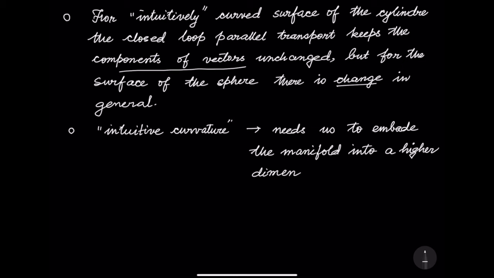Like both the cylinder and the sphere, we think of them as embedded in the 3D Euclidean space, and we are dealing with the surface which is 2D, but it's embedded in one more extra dimension. And then we see the intuitive curvature. To see this curvature, you have to go out of the manifold. This type of curvature is called extrinsic curvature.